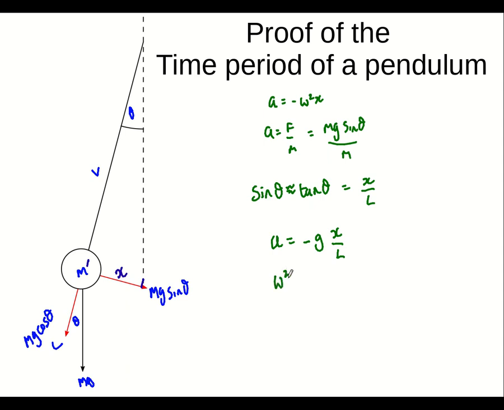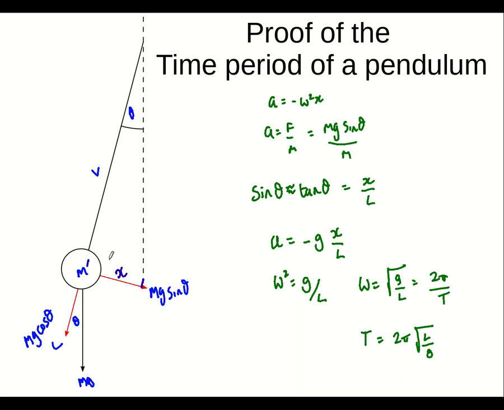So omega squared is equal to g over L, which means omega is the square root of g over L, but it's also equal to 2 pi over T. So rearranging that, we get the time period of a pendulum is equal to 2 pi square root of the length over g. Now notice that there's no mention of mass in there, so varying the mass of the bob according to this theory has no effect.